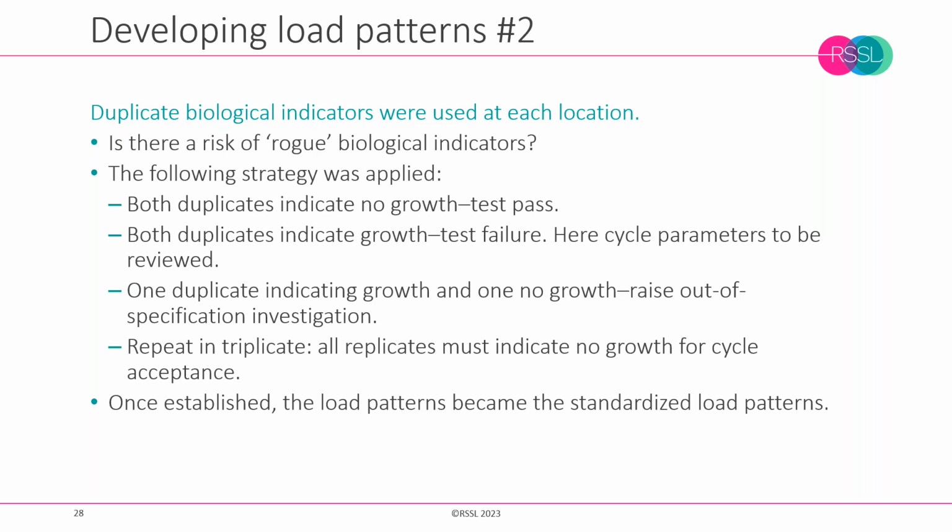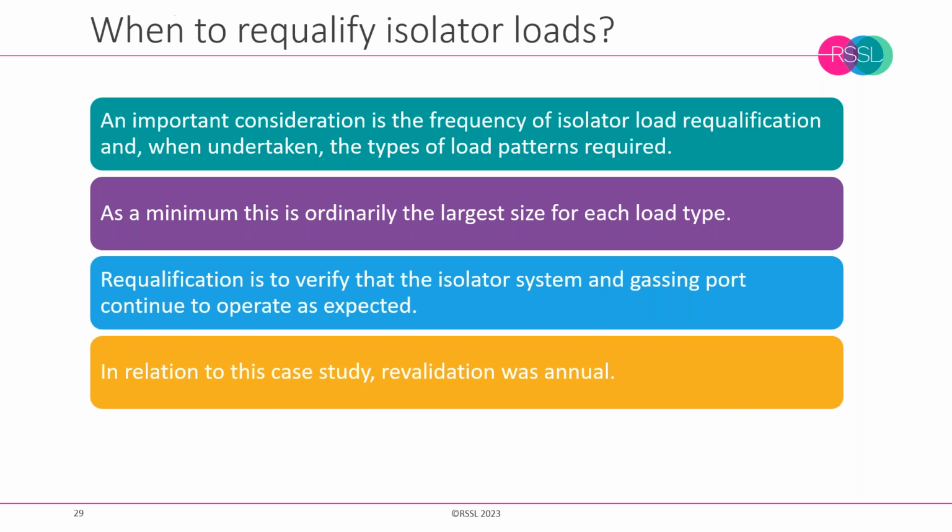There isn't unfortunately time to go into that, but again, it's an important choice to be made during the qualification. Another choice that needs to be made is the frequency of isolator load requalification, and then which load patterns are going to be repeated, but generally at least an annual requalification is important.